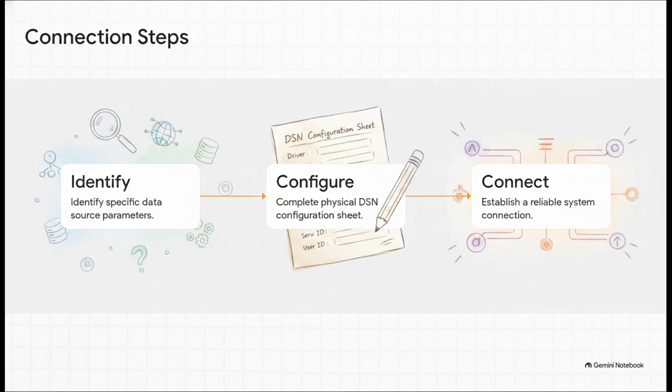And number 3, establish a reliable system connection. Basically, you identify exactly what you're connecting to, you map out all those vital details, and then you execute. This is exactly where the abstract, sort of theoretical logic of the SQL Translator Guild becomes a tangible, configured reality. It literally bridges the gap between the theory and the real-world database management we do every day.